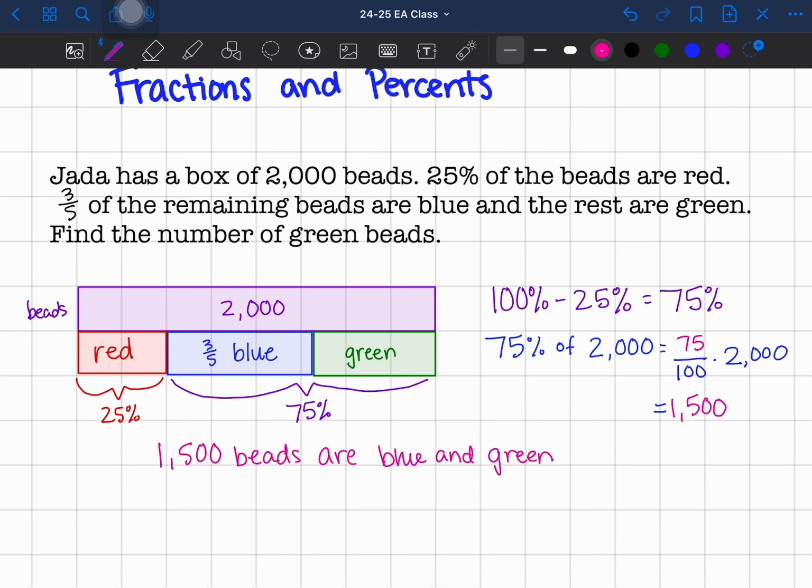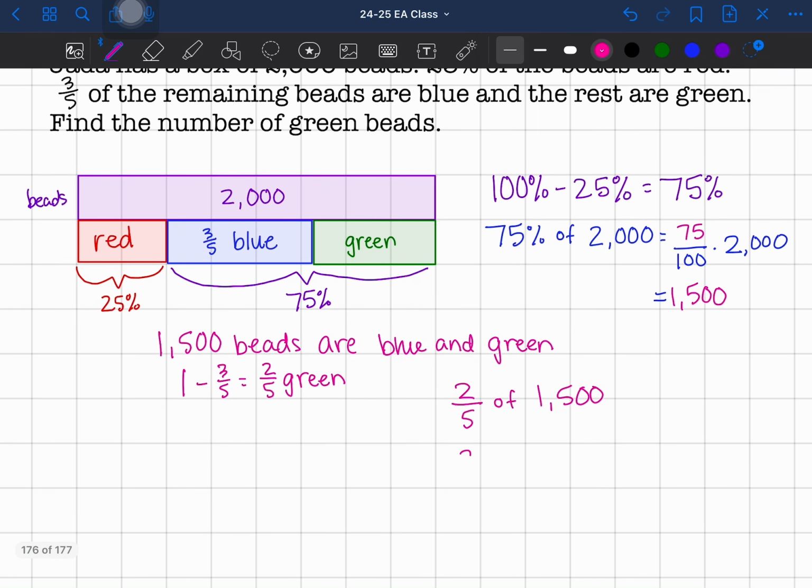Now, we know that of these 75%, these 1,500 beads, 3/5 of them are blue. And so if 3/5 are blue, how much are green? We can do 1 minus 3/5, which gives us 2/5. So 2/5 are green, and we're trying to find the number of green beads. So we're trying to find 2/5 of 1,500.